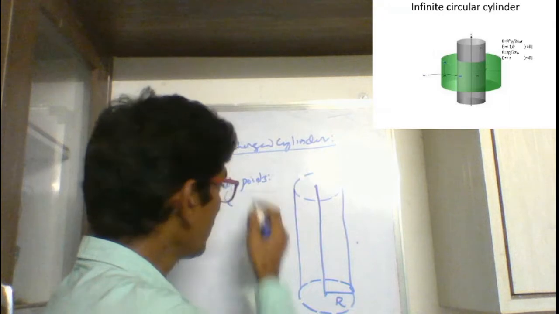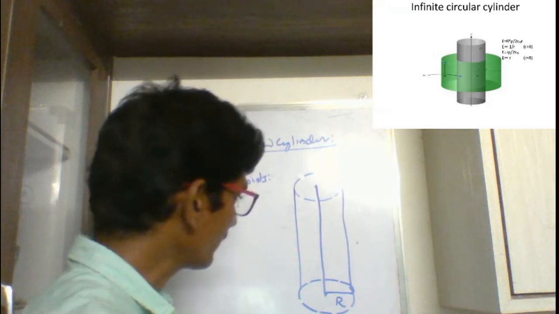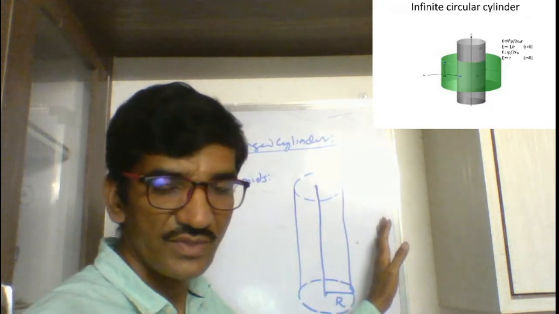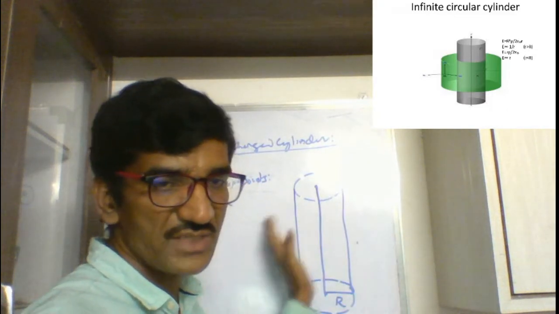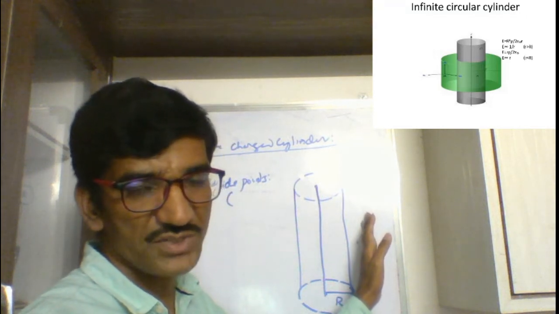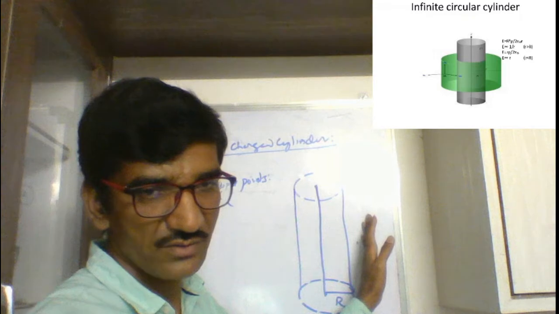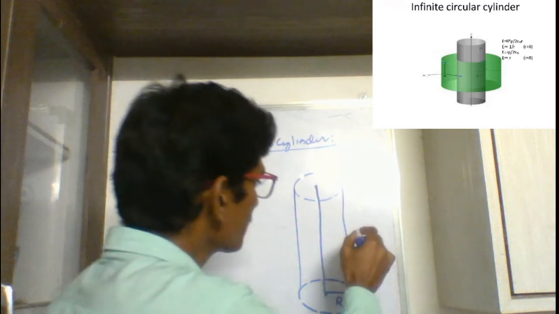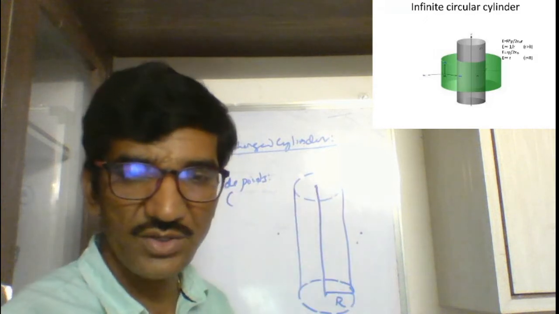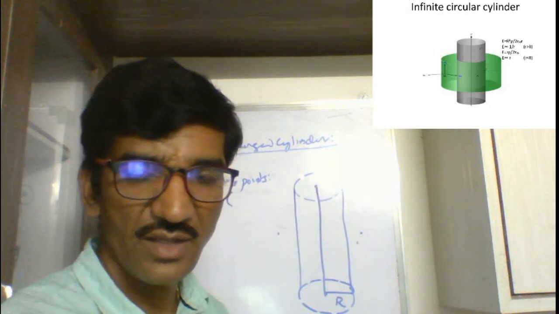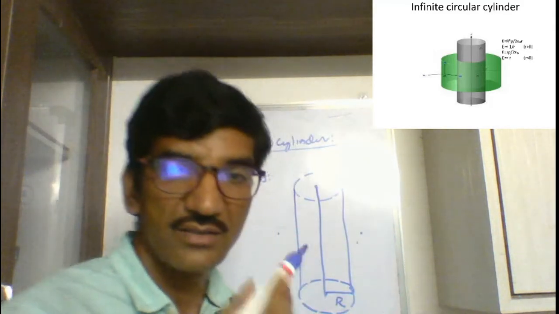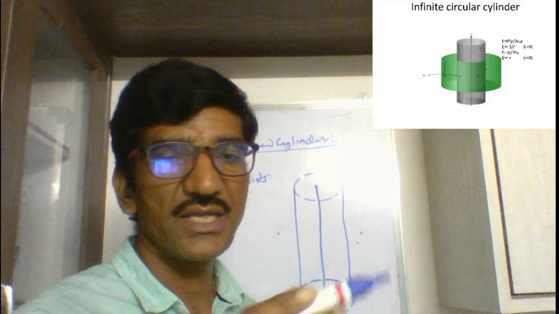If you want to know the electric field outside the cylinder, you have to draw a Gaussian surface passing through that point wherever you want to know the electric field. Suppose you want to know the electric field here. Then you have to draw an imaginary closed surface.